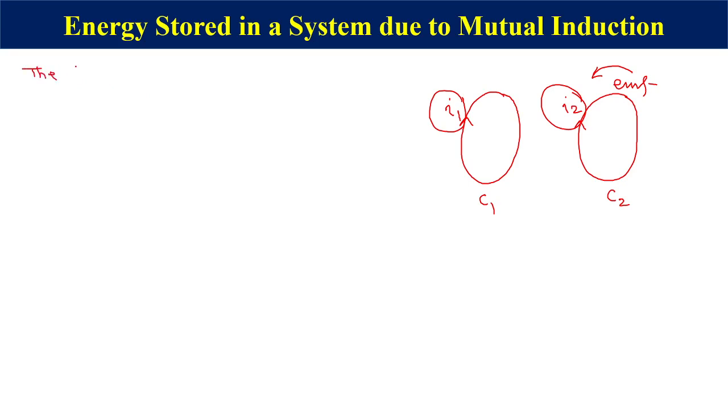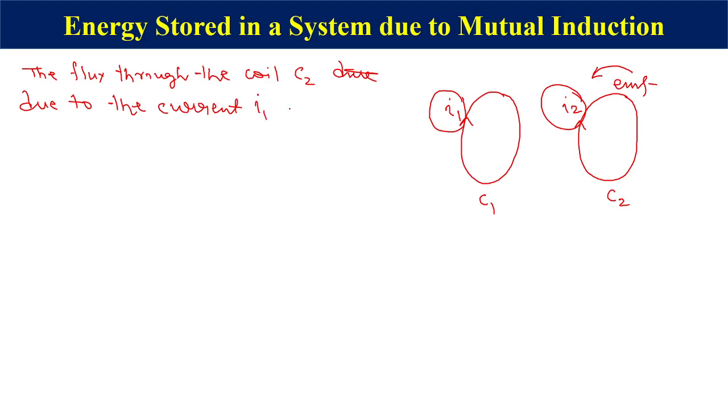The flux through the coil C2 due to the current I1 is given by flux phi to be directly proportional to I1.